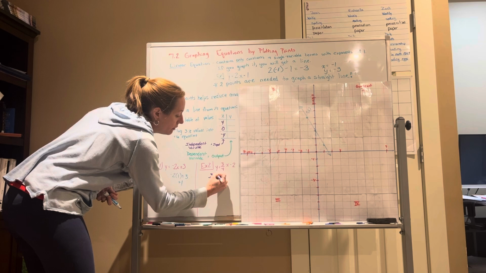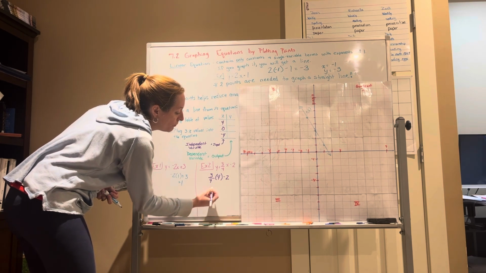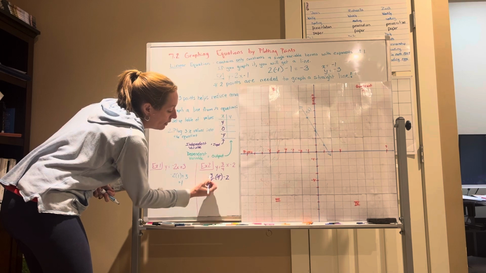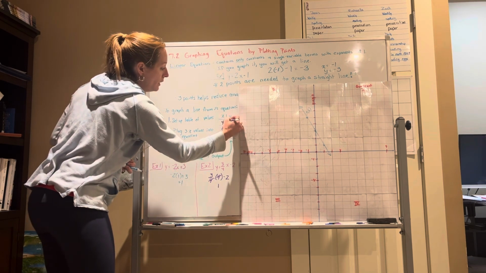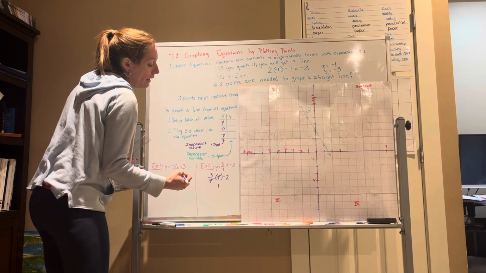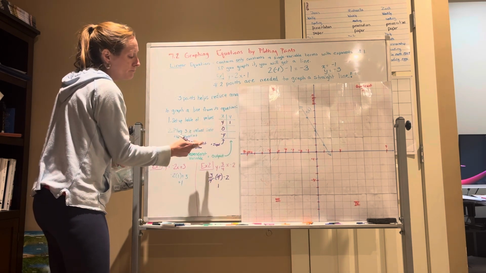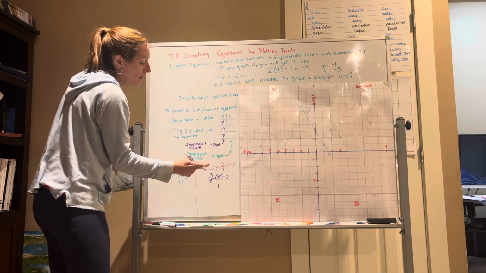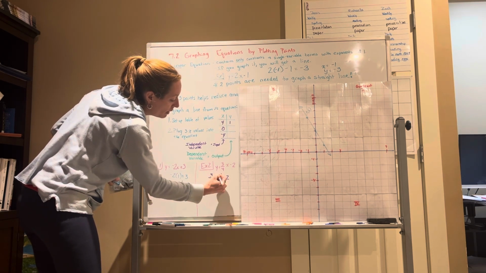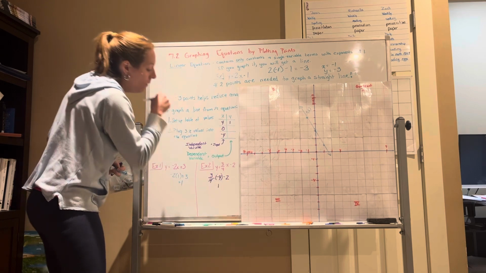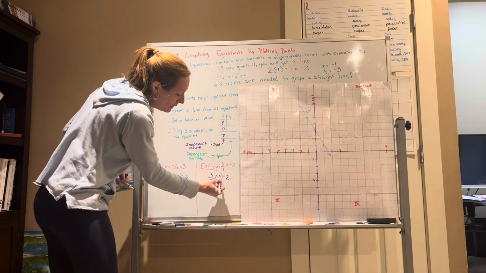3/4 times 4 minus 2. These 4's cancel out, and I'm left with 3 minus 2, which equals 1. That's my first output, or dependent variable. If I plug negative 4 into it, I'm going to get negative 3.